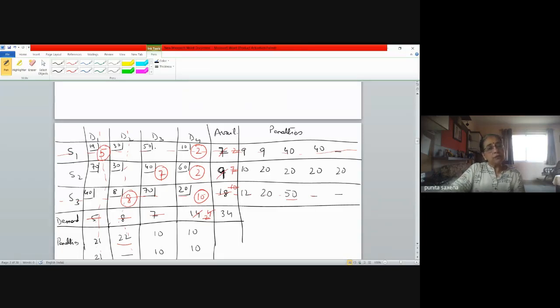If it's optimal, fine, that is the best thing for me. But if it is not optimal, that means out of the remaining non-basic cells, one of them will become basic. But definitely my number of basic cells cannot be more than 6, so one of these 6 basics will become non-basic. And how do we decide that? Depending upon Zj minus Cjs. The most negative Zj minus Cj enters.